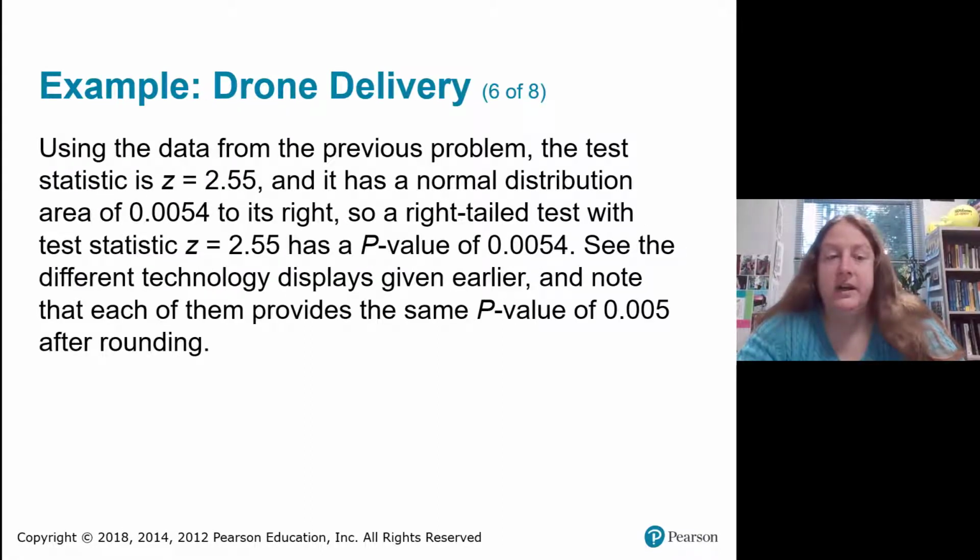So taking a look at our example, we look at the test statistic z equals 2.55, and with the normal distribution, the area to its right is 0.0054. So it has a p-value of 0.0054. When we were looking at our technology displays, it was showing 0.005 after rounding. That's where that came from.